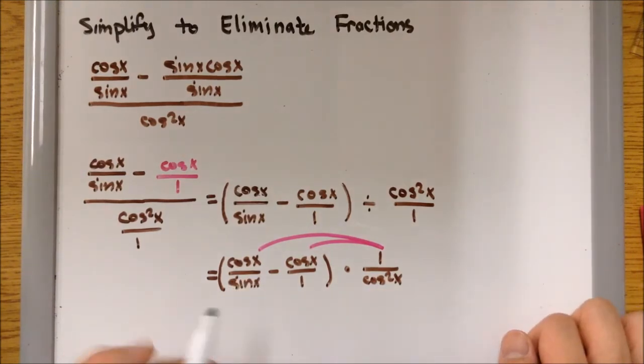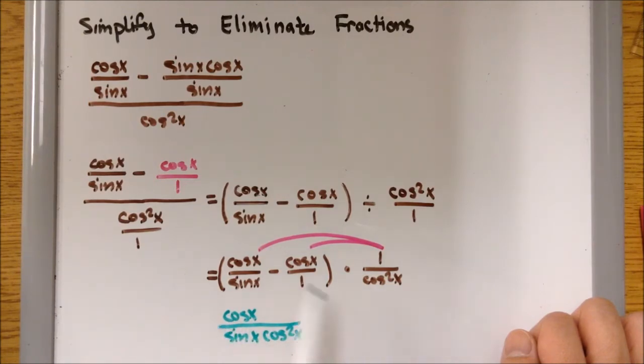Again, we're multiplying fractions, so we multiply straight across. Cosine of x times 1 will be simply cosine of x. Cosine of x times cosine square of x will be sine of x cosine square of x. There's our first fraction.